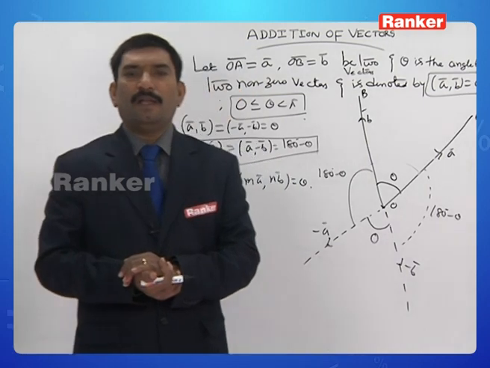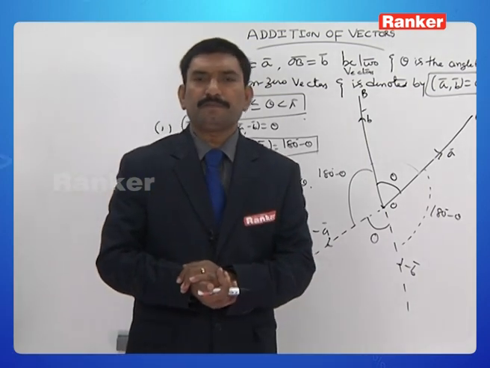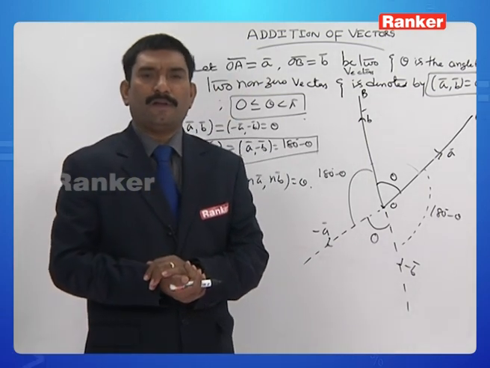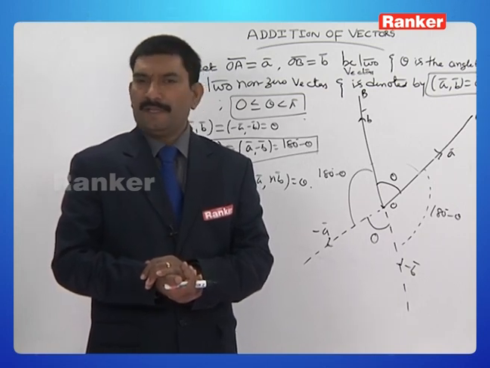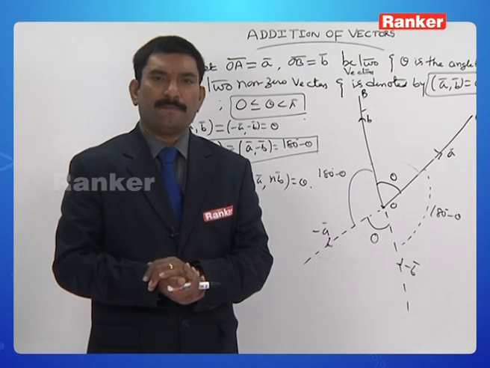Now we come to the angle between two vectors. Let A bar and B bar be two non-zero vectors, and theta the angle between them.